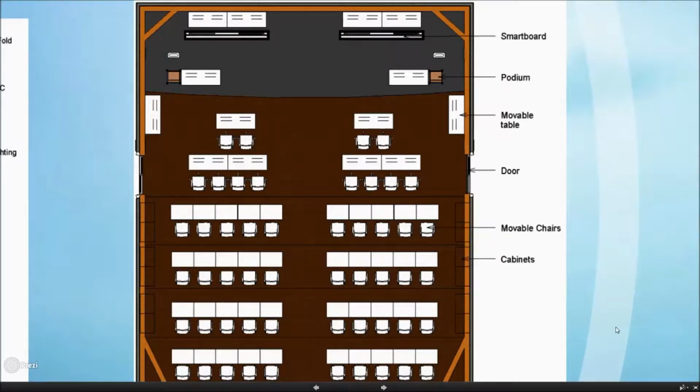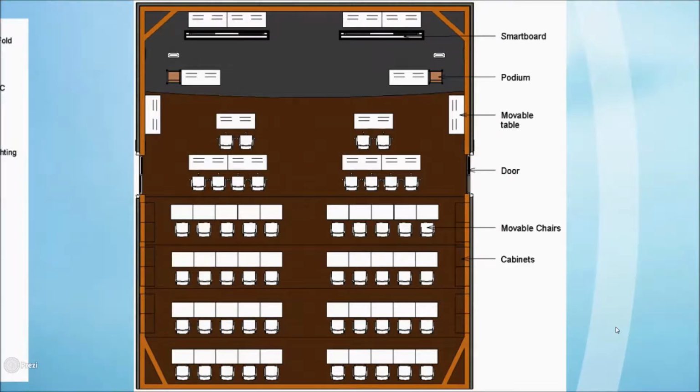And then the third sketch shows the smartboard podium, the movable furniture like chairs and tables, and also the cabinets, which is a feature being kept from the current design, and also the door.